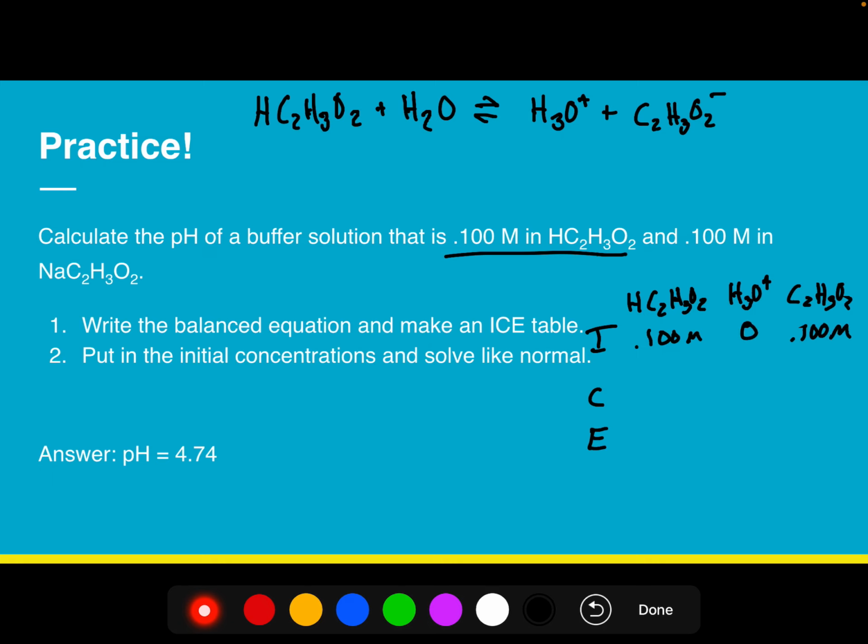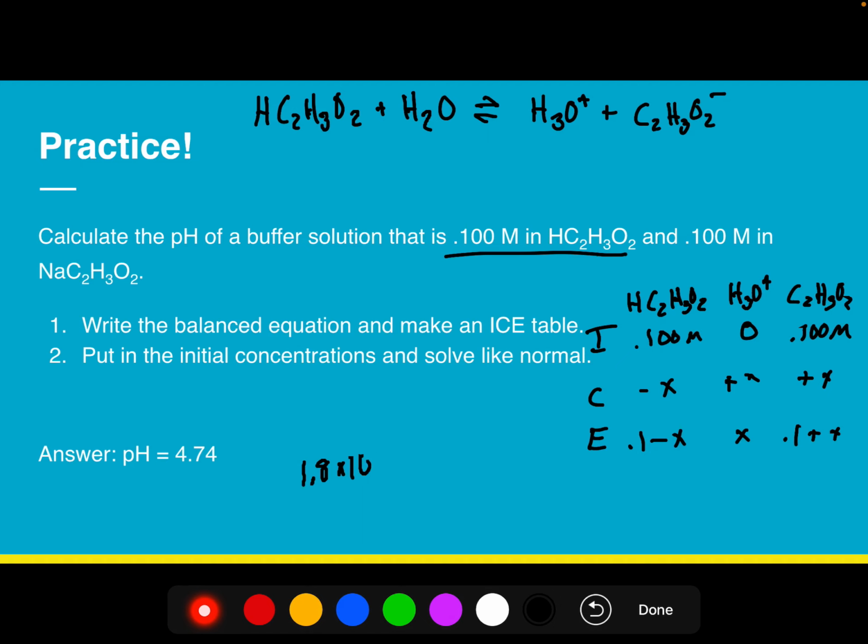Then we're doing the forward direction, minus x, plus x, plus x: 0.1 minus x, x, 0.1 plus x. And then, oh, I gotta find my k-value page. Sorry, I should have had that prepared. Here we go. Acetic acid is 1.8 times 10 to the negative fifth.